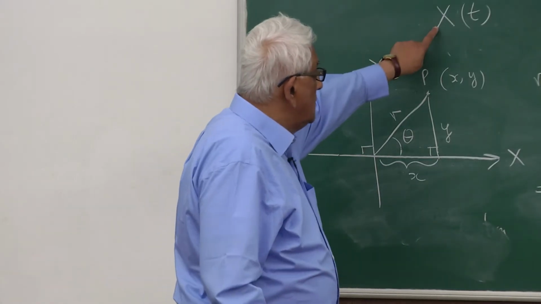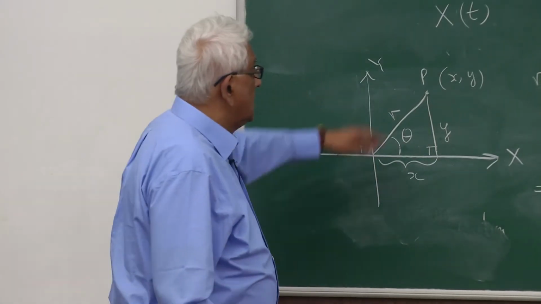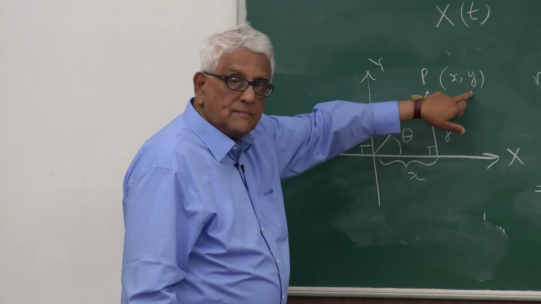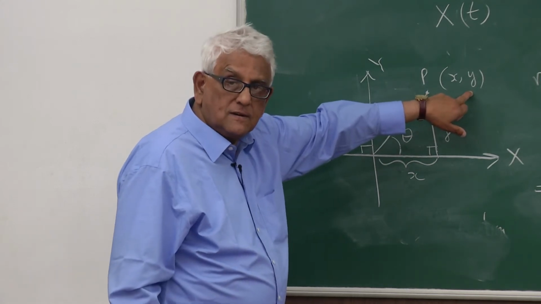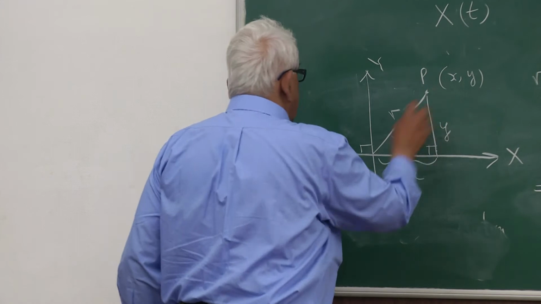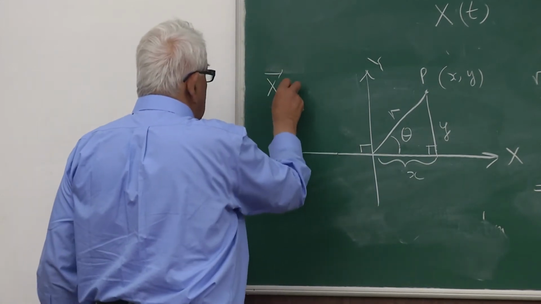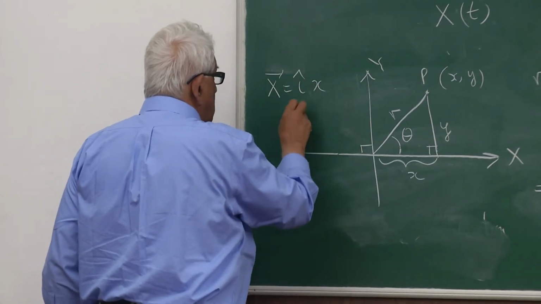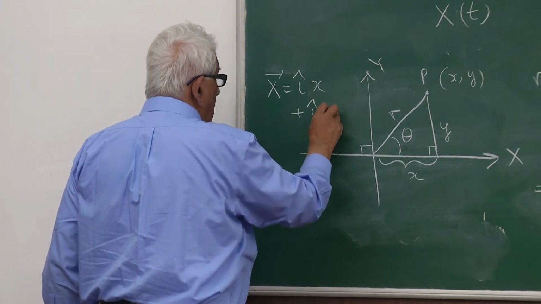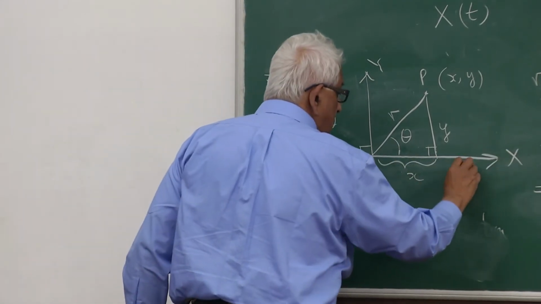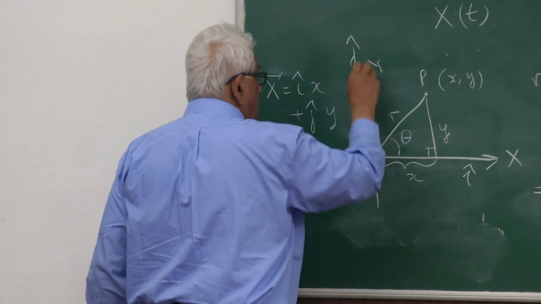For the moment, we just look at one of these. If I wanted to do the two of them, I would say this is a vector, which is i x plus j y, where i and j are the unit vectors.